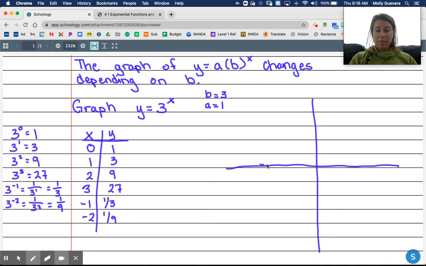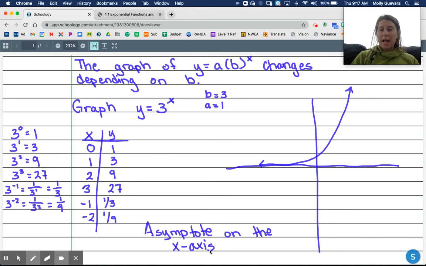So my graph is doing something like this, more or less. The thing to notice is that there's an asymptote on the x-axis.